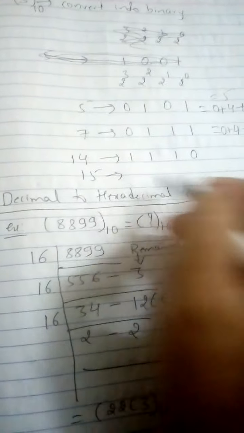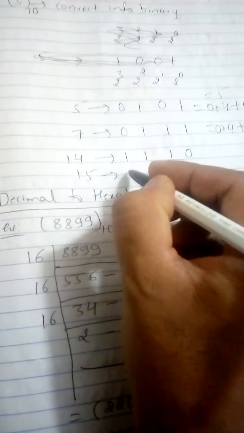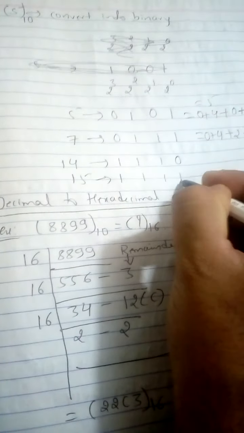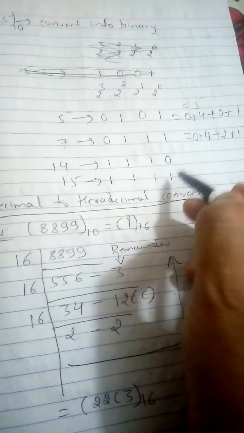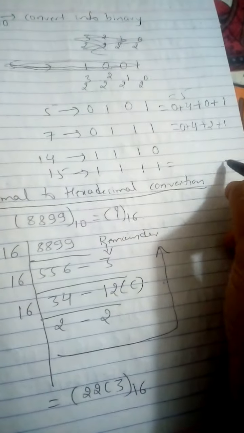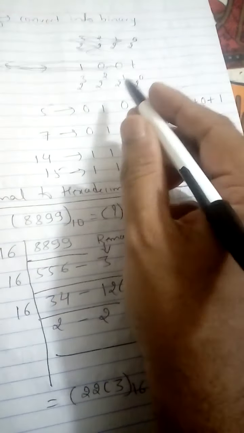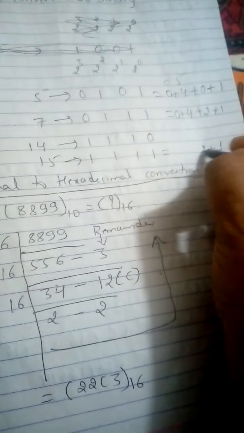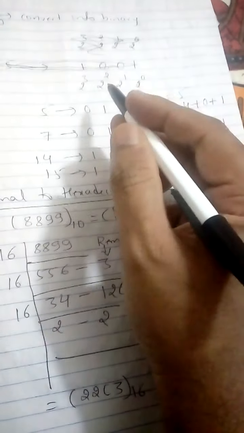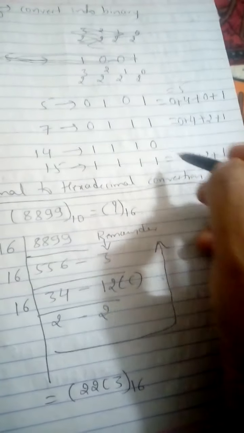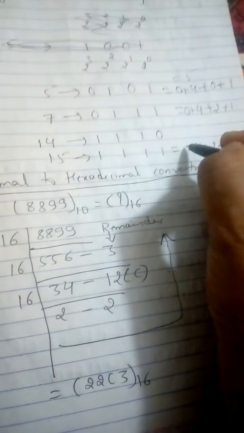Similarly, I'll take one more number, say 15. In these 4 places, I need to fill either zeros or ones. If I write 1, 1, 1, 1, what am I going to get? 1 into 2 raised to 0 is 1, plus 1 into 2 raised to 1 is 2, plus 1 into 2 square is 4, plus 1 into 2 cube is 8.